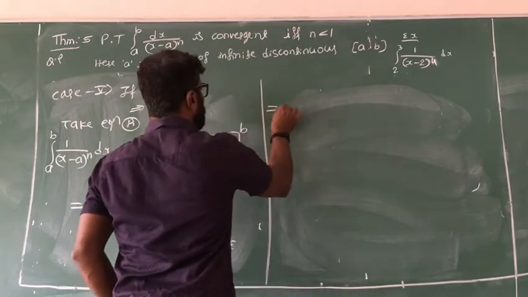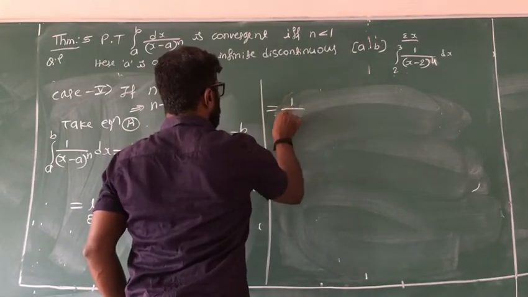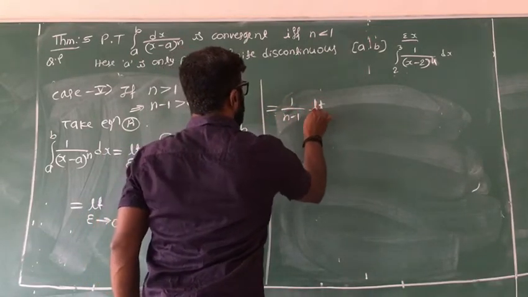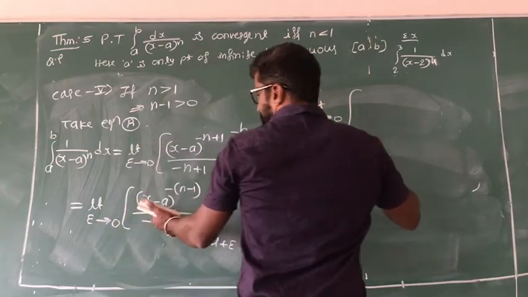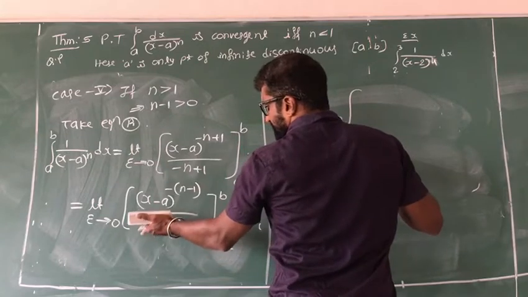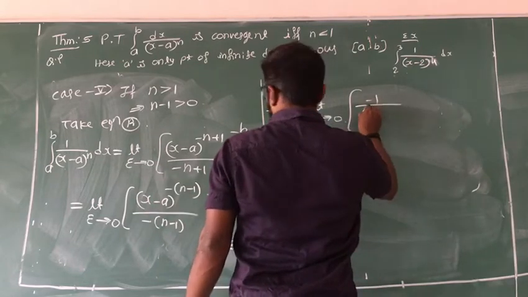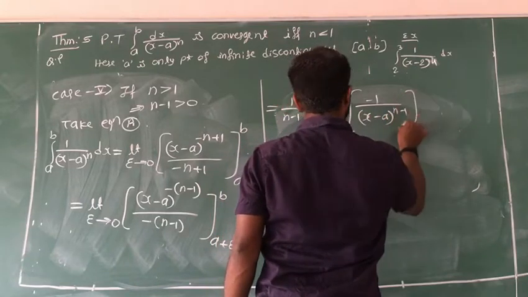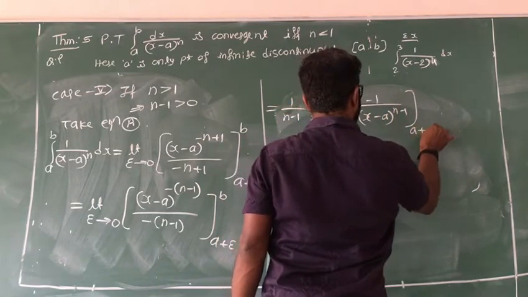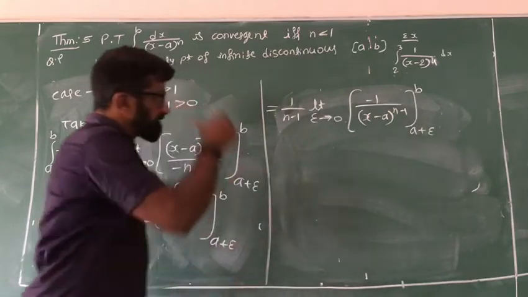So that equals limit of 1 divided by n minus 1, limit of epsilon tends to 0, minus 1 divided by x minus a raised to n minus 1, a plus epsilon to b, right?